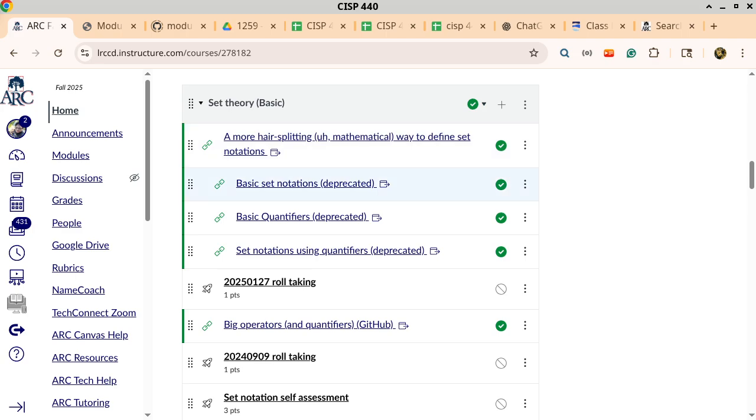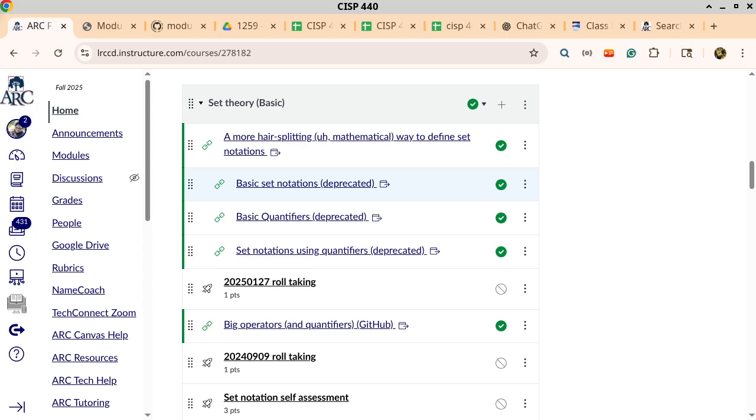So with this part, there are a few links here. The deprecated ones are not wrong. They are just a little bit too verbose, which to some people is good, because some people like things to be explained in a longer way. If I were you, I would read the deprecated ones also, in addition to the one that is not deprecated. The not so deprecated one says, a more hair splitting way to define set notations.